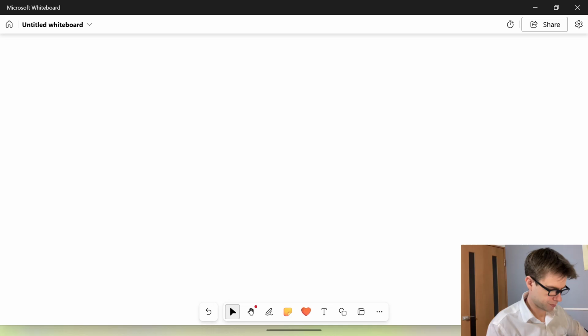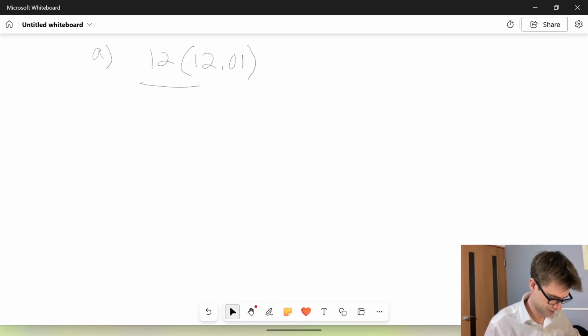Okay, so first we need the molecular mass of sucrose. It's going to be 12 times the relative atomic mass of carbon, 12 times 12.01. We would add that with hydrogen, which is 22, multiplied by its relative atomic mass, 1.01.